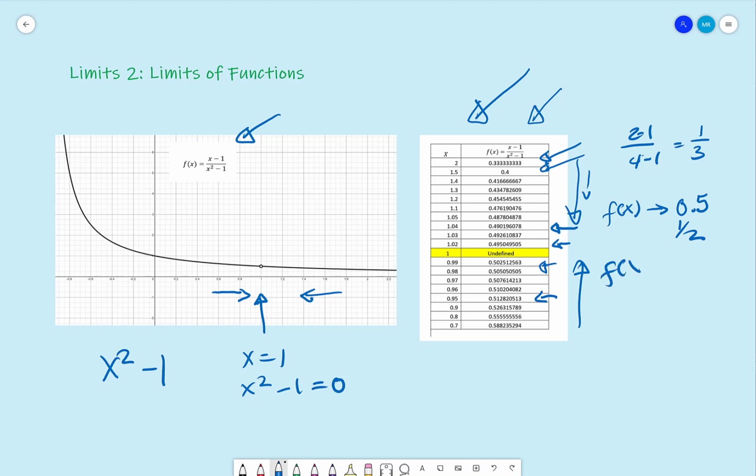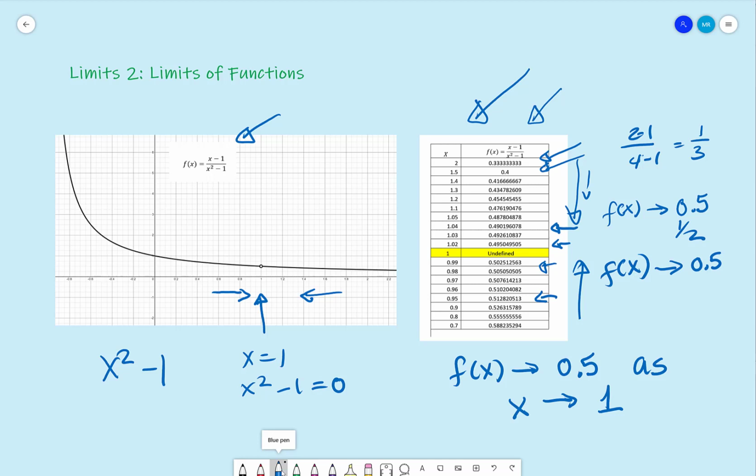So we see that also from below, f of x gets closer and closer to 0.5. So what we're going to say about this function is that f of x gets closer and closer to 0.5 as x gets closer to the value 1.